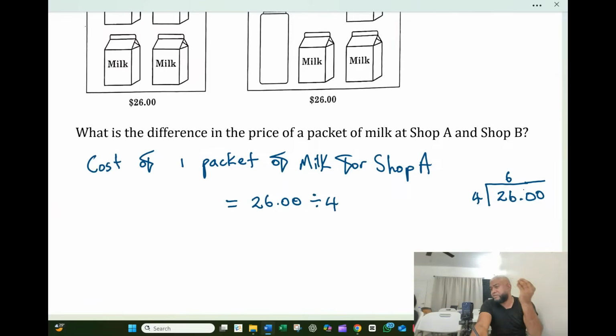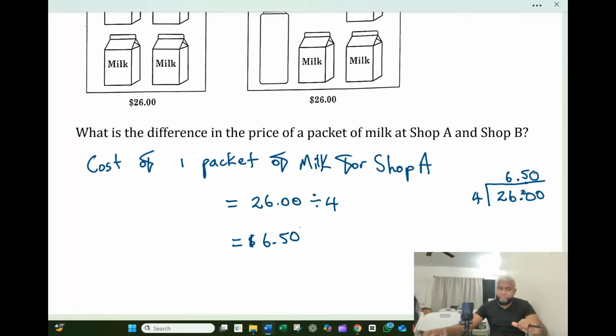Because you will simply get a remainder of 2, and you can simply put the 2 by the 0 here. 4 into 20. Now, we're going to bring up our decimal point and make sure you line up the decimal points. 4 into 20 would be 5. 4 into 0 would be 0. So it would be $6.50 would be the cost of one packet of milk in shop A.